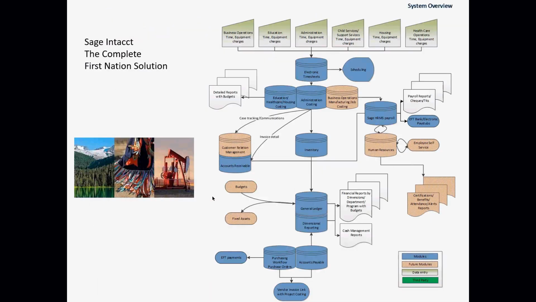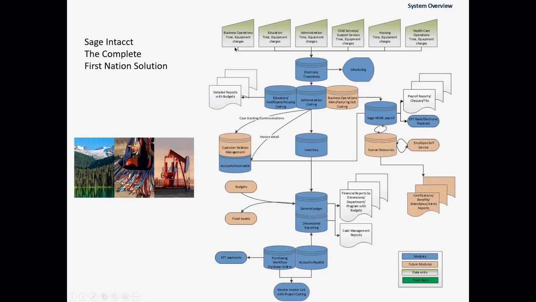So let's talk about this complete solution that we mentioned. First Nations now are becoming more and more complex. You're dealing with education. You've got your administration. Lots of times you have children's services or other support services. You have housing that you're dealing with. You have health care that you might have. But on top of that, you also have the business operation piece.